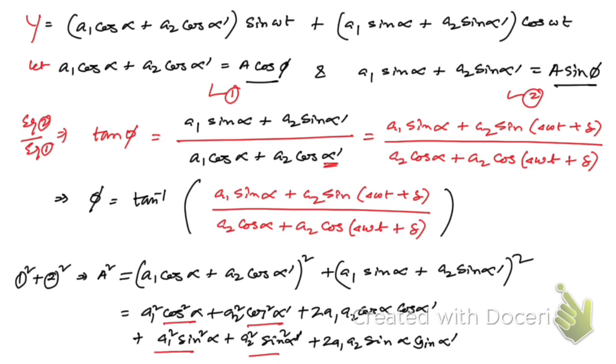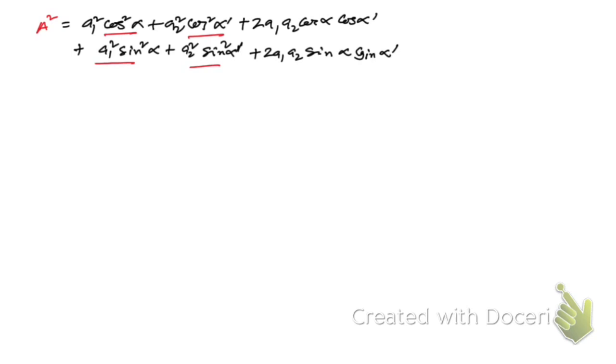In the next slide, let me copy this, which is A square, and take a new slide. Here is the last result we have got. We have a1 square plus a2 square, after taking common and applying sine square alpha plus cos square alpha equal to 1. If you take a1 square common from these two terms, within the bracket you get this one plus this one, which is equal to 1, so we have a1 square.